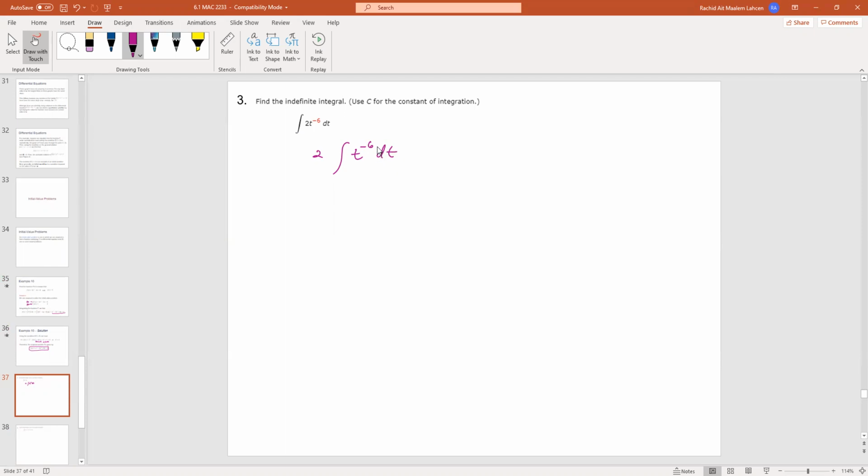It doesn't have to be x, whatever the variable that is used. We add 1 and we divide by that, and that's going to give us -5, and we divide by it.